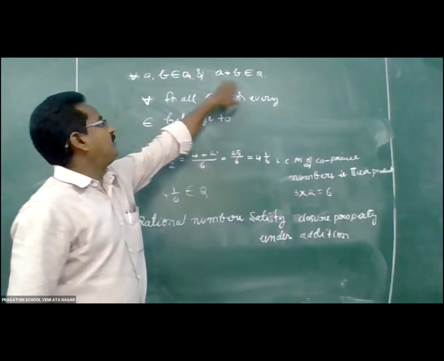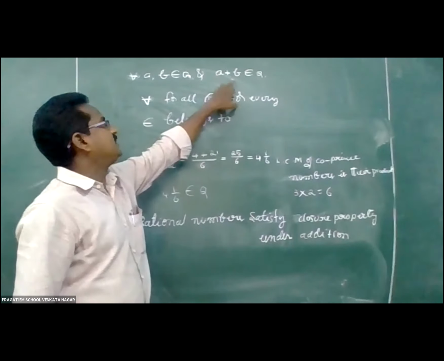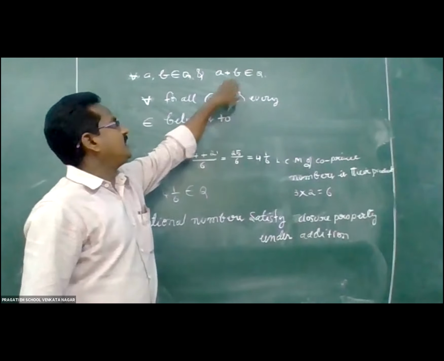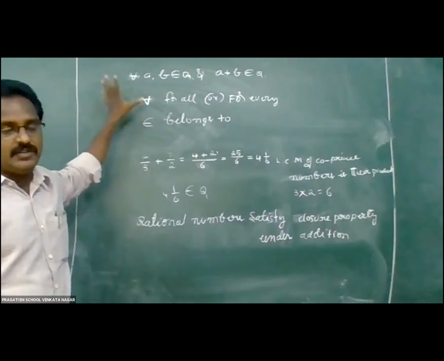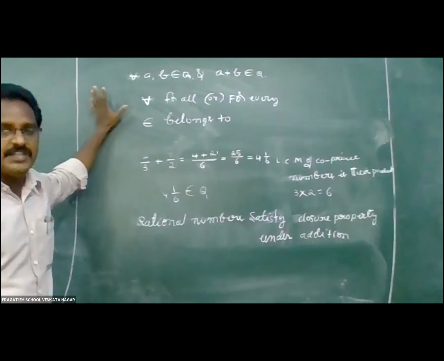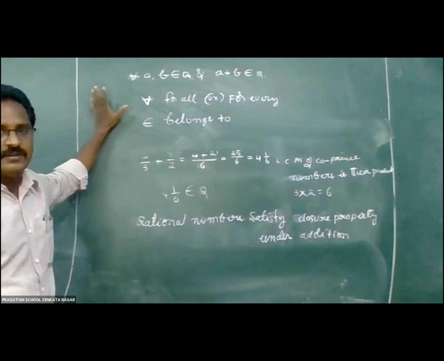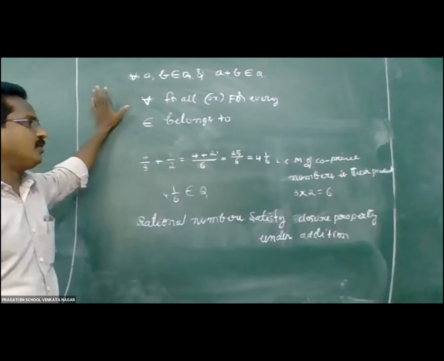After the addition operation A plus B, the result is also a rational number. That's why rational numbers satisfy closure property under addition.